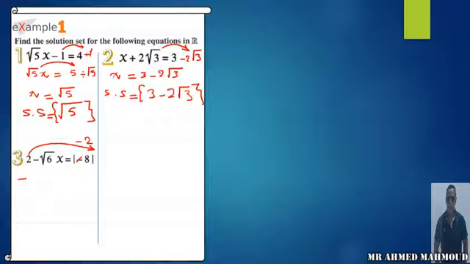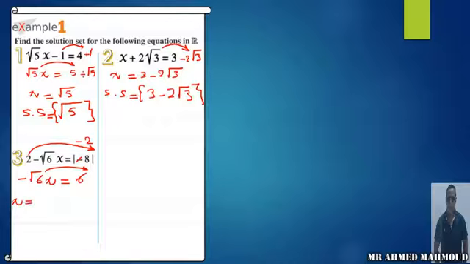Then negative root 6 x equals 2 minus 8, which equals negative 6. Now I'm going to send negative root 6, which is negative root 6 times x, to the other side, so it will be divided by negative root 6.